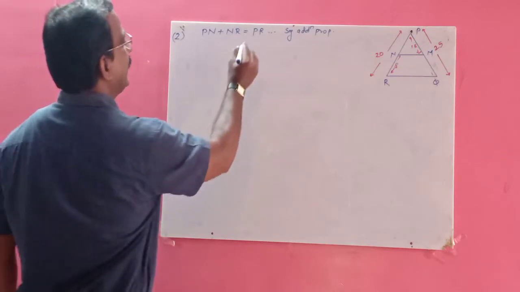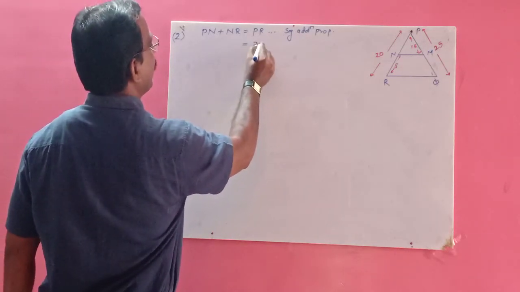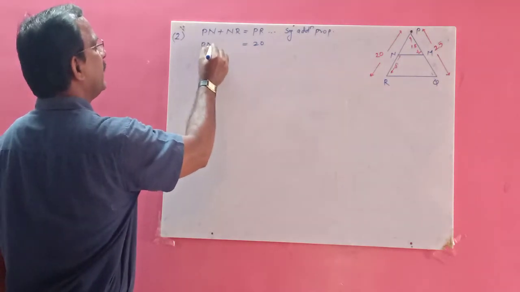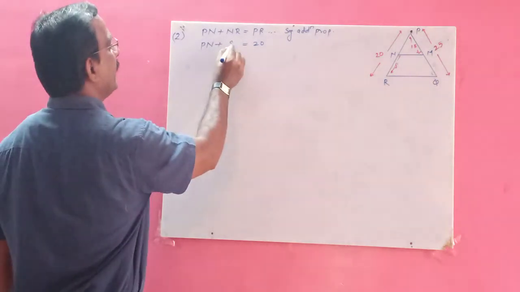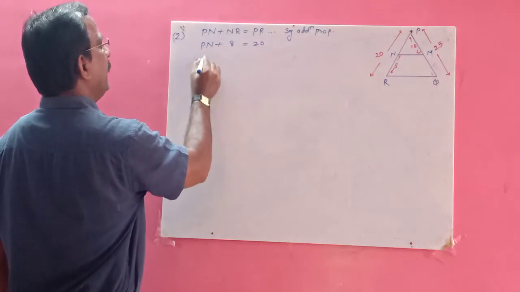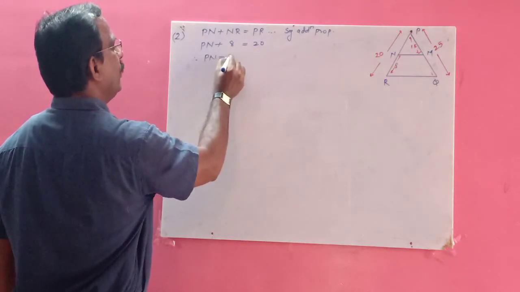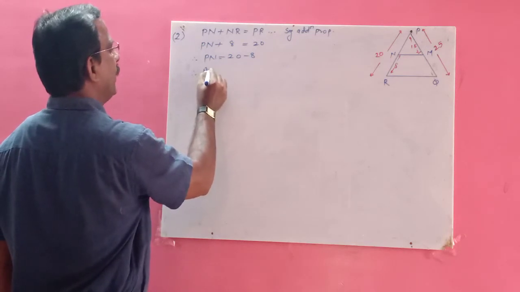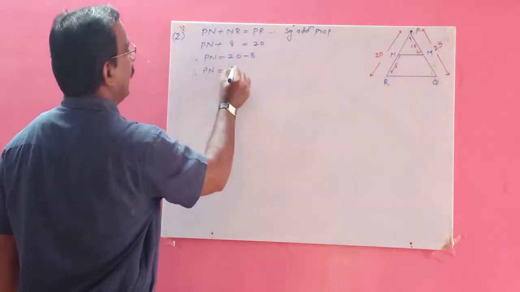PR is given 20, so write here 20. PN is not given, keep it as it is. But NR we have here 8. So therefore, PN is equal to 20 minus 8. Therefore, PN is equal to 12.